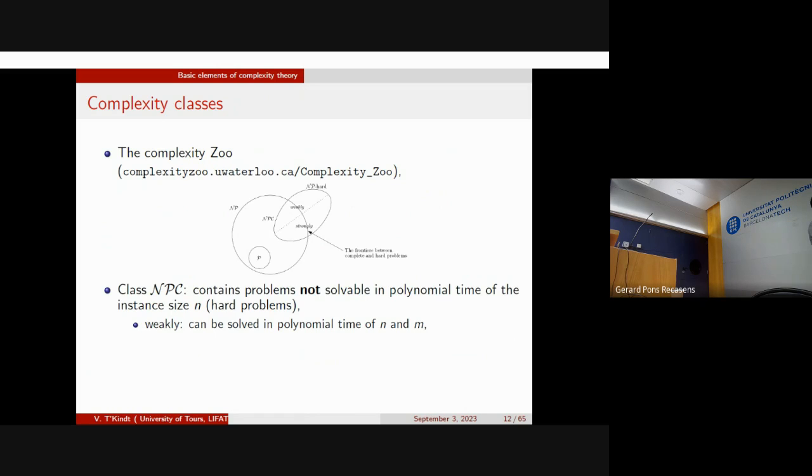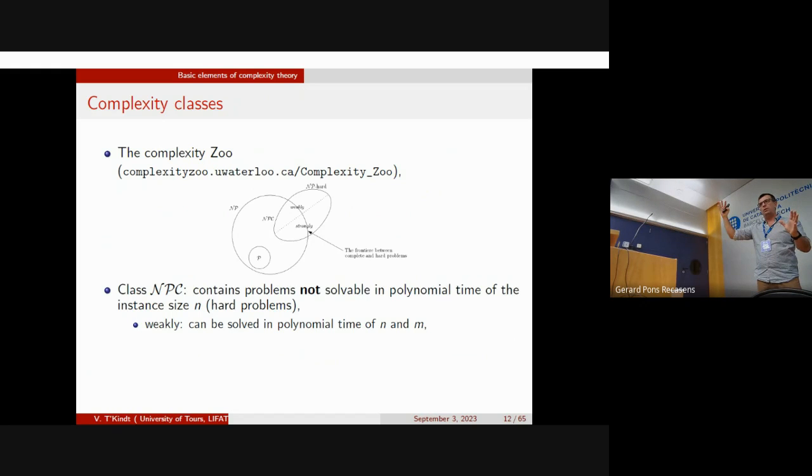You have two subcategories in NPC. You have the really bad guys, the strongly NP-hard problems, and you have the moderately bad guys, the problems which are weakly NP-hard. Those that are weakly NP-hard can be solved in polynomial time of n and m. So these are algorithms which are also sensitive to the magnitude of the largest integral in the instance.